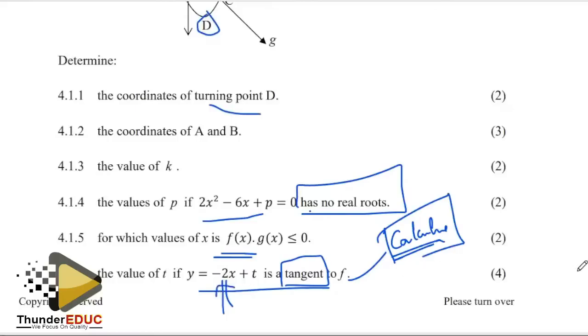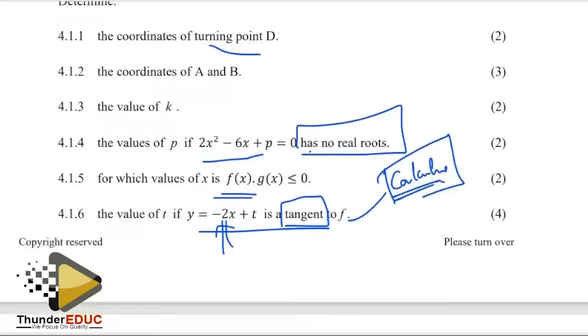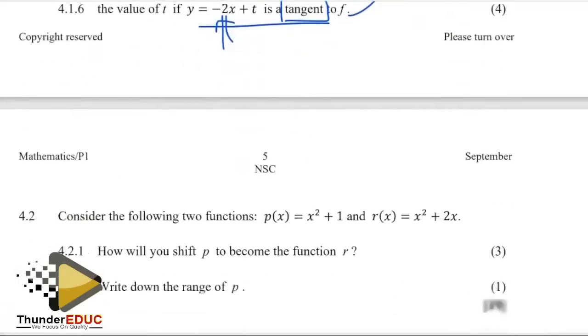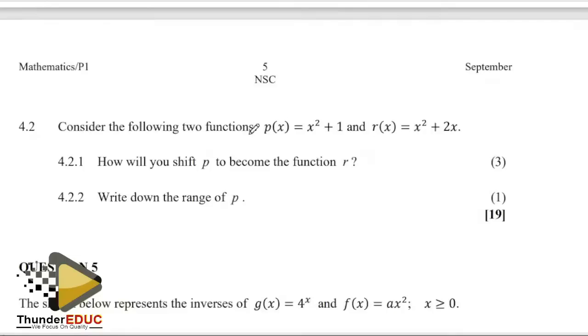So what you need, get the value of x where the gradient is negative 2. So find the first derivative of f, equate it to negative 2. So for x, get the value substituted back into the original. And then we have this also to do with the shifting and the transformation. We need to pay attention to that.